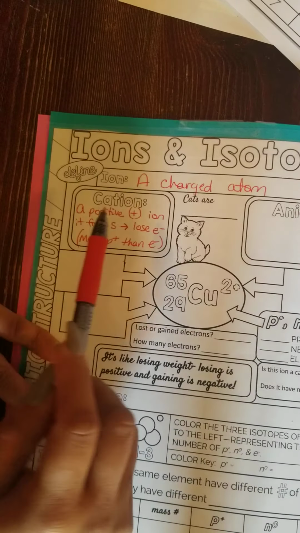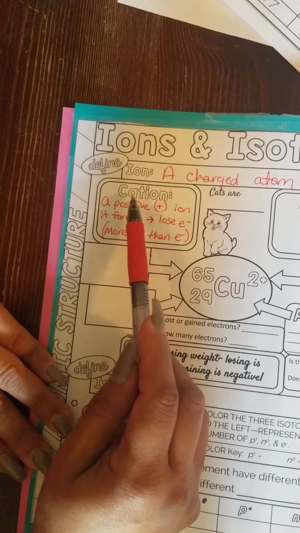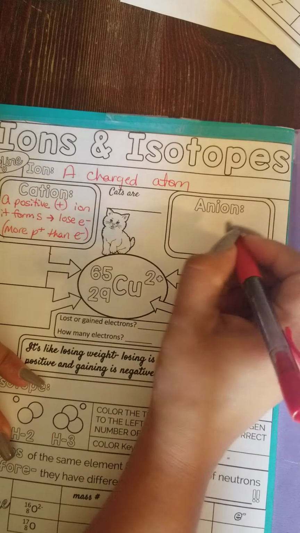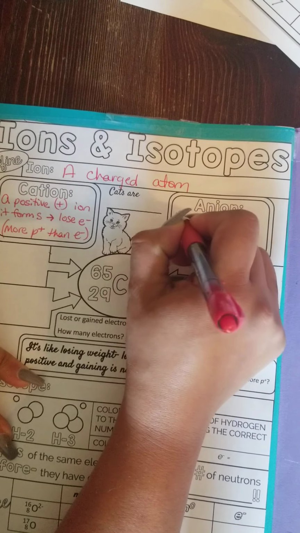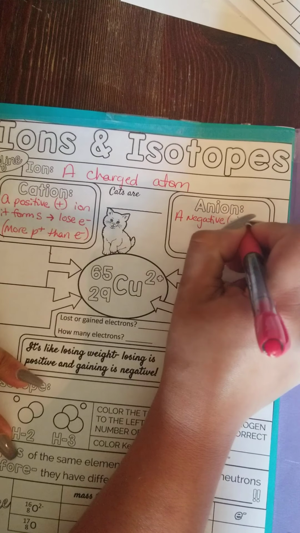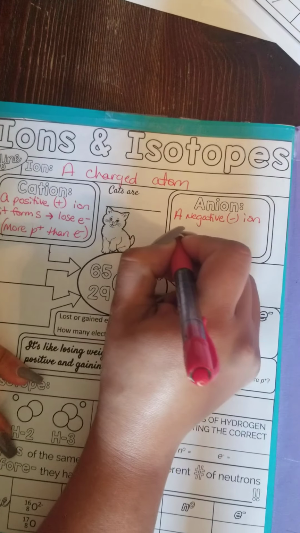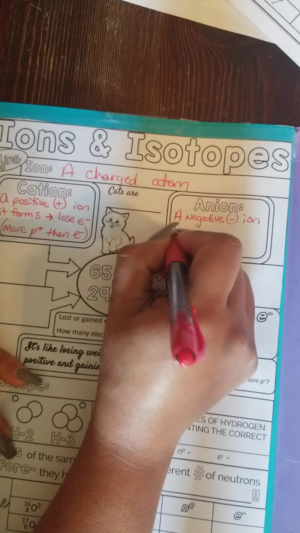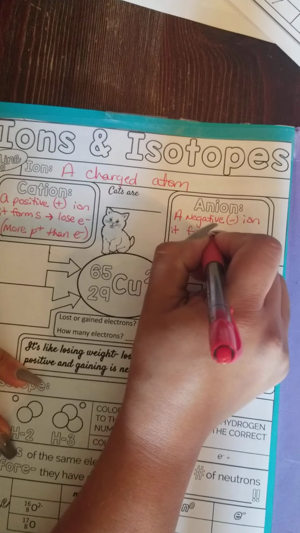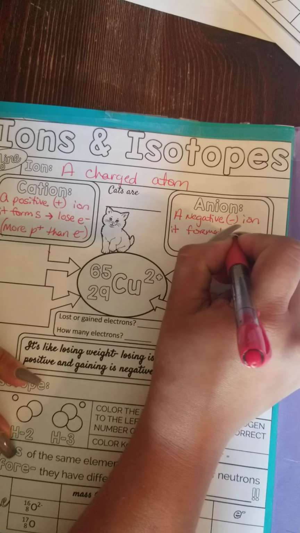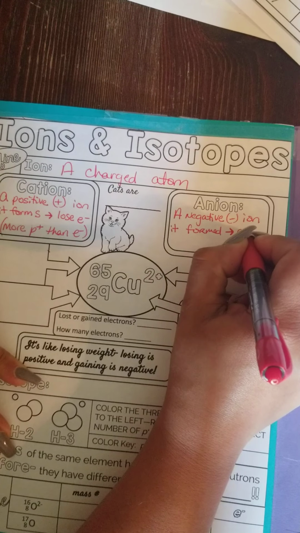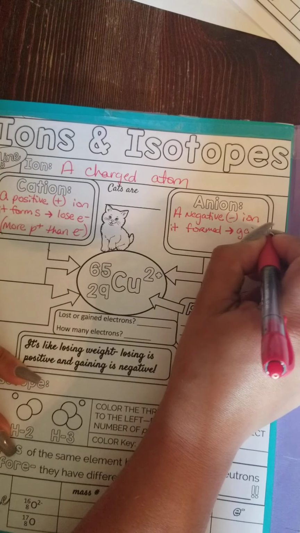Okay? Now, an ion can be a cation, or it can be what we call an anion. An anion is a negative ion. It forms, or it's formed, by gaining electrons.